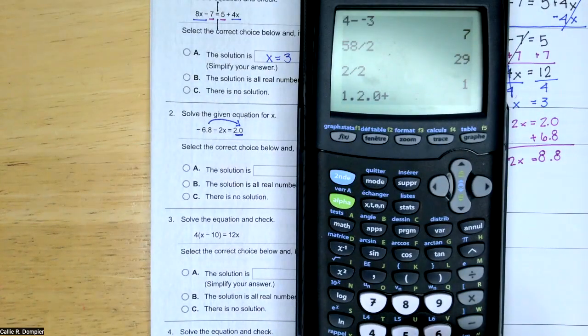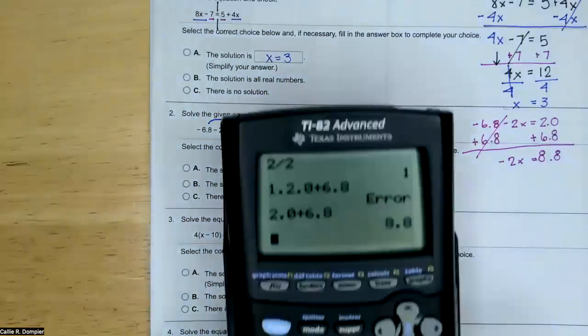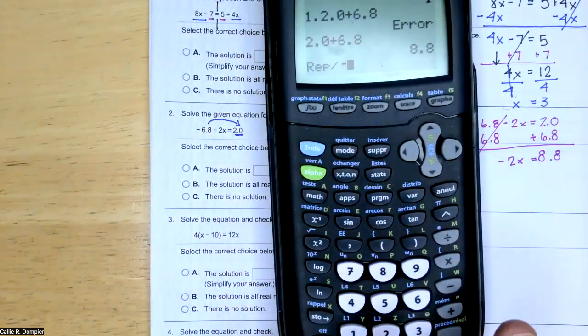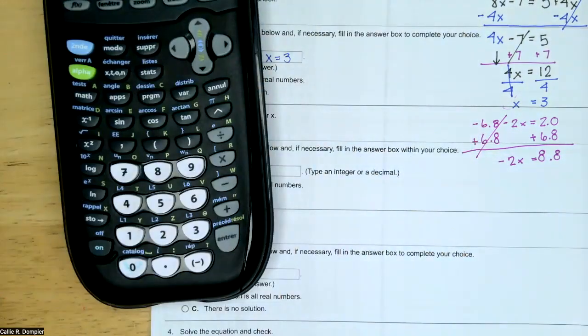2.0 plus 6.8 gives me 8.8. Good. Now we're going to divide that by not 2, but -2, okay? Divide both sides by -2.